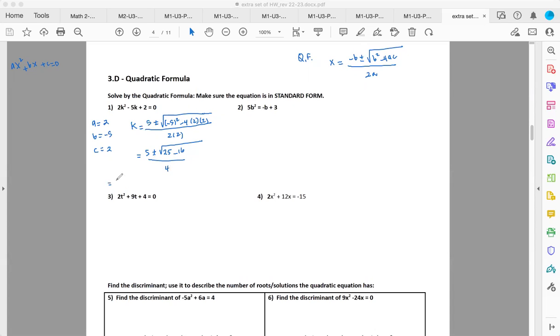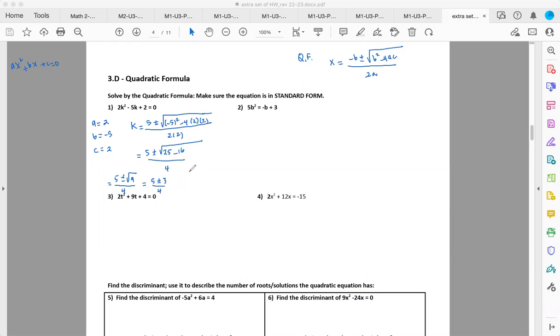So it will be 5 plus or minus the square root of what? Square root of 9, over 4, which is 5 plus or minus 3 over 4.